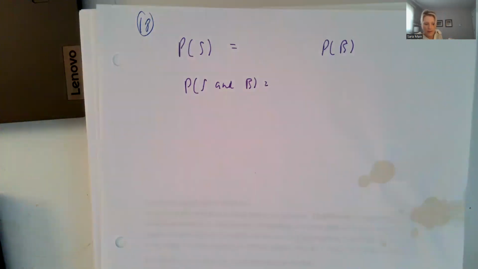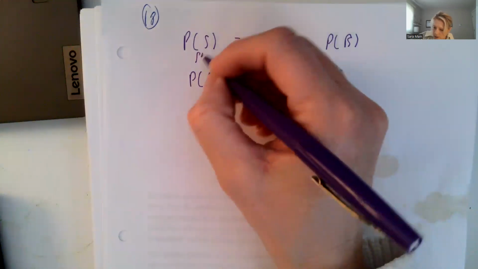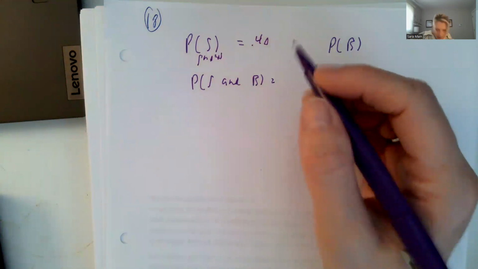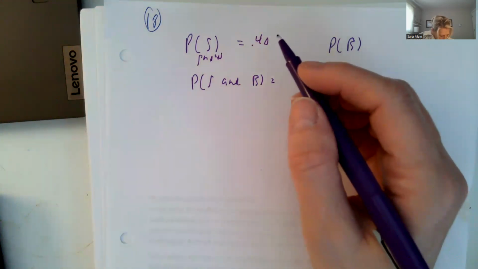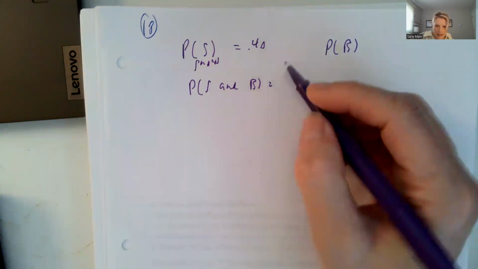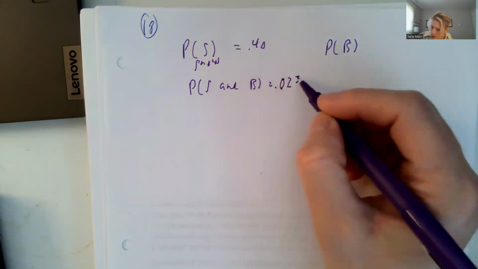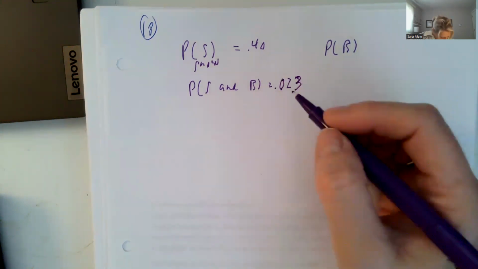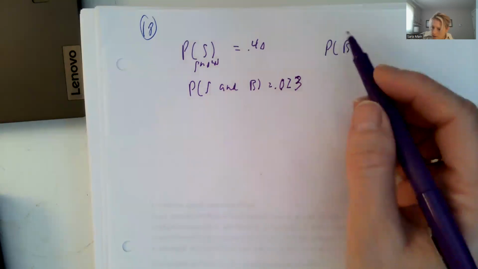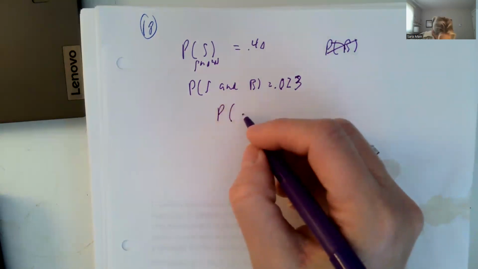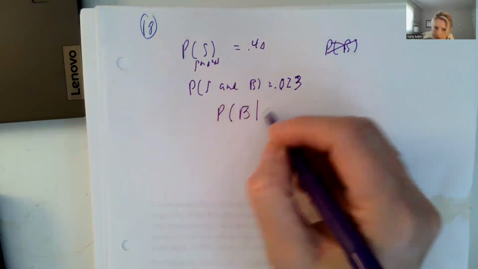So that we know the probability that it snows, they told us that the probability that it's going to snow is 40%. They also told us that the probability that it snows and the bus is late, the and is 0.023. We don't need to know B because they want to know what is the probability that the bus is going to be late given that it snows.